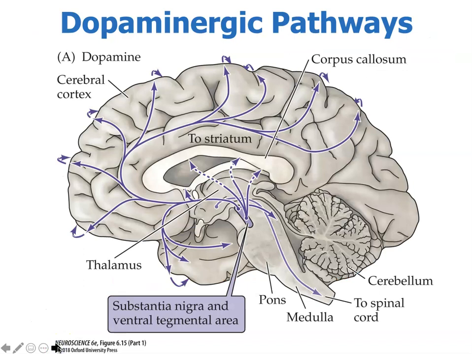And so here you can see a lot of those projections that we were just talking about, and the place where they're coming from, the substantia nigra and the ventral tegmental area, and that they're projecting out into all those different regions that we just talked about. And knowing again that these are mostly connections within the prefrontal cortex, and then also some in the brainstem.